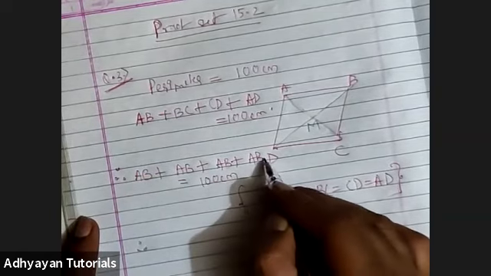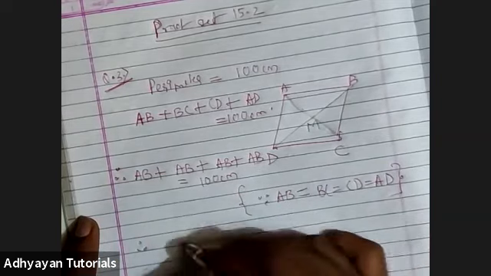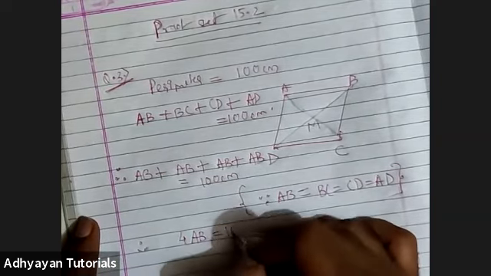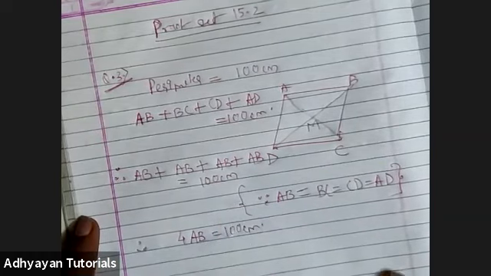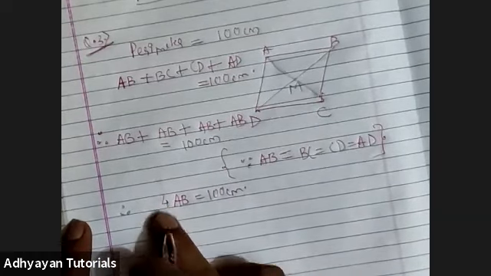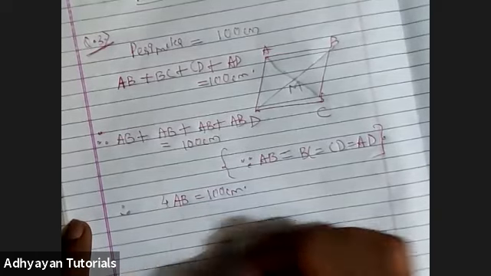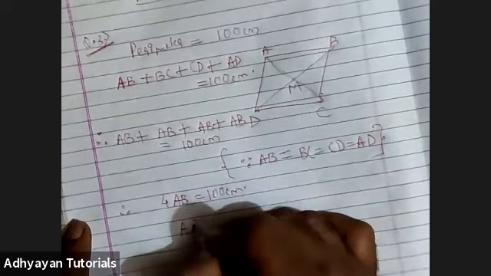Now, AB plus AB plus AB plus AB. Since I'm adding AB 4 times, it has to be 4 into AB, that is 4AB, which is equal to 100 centimeter. Right? Now shift this 4 to the other side, children. Since it is 4 into AB, multiplication going to the other side becomes division, right?